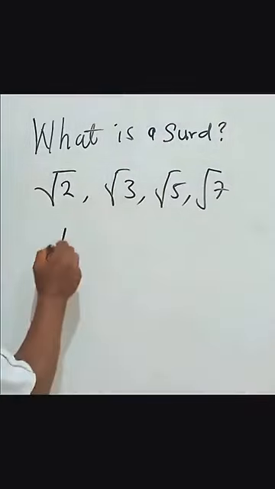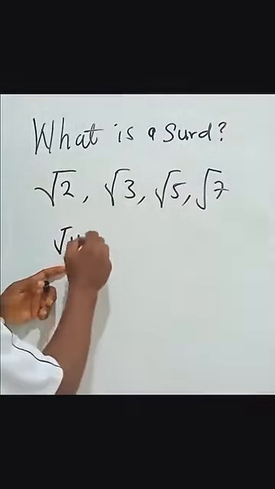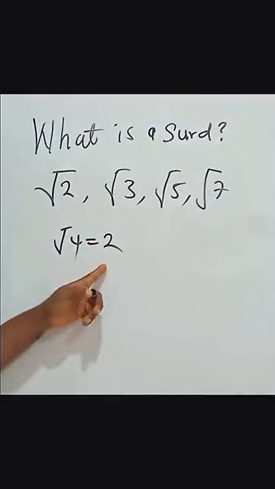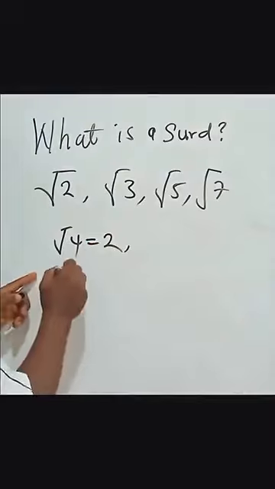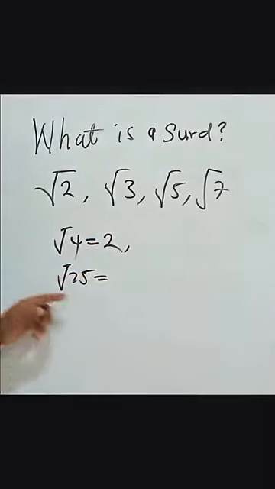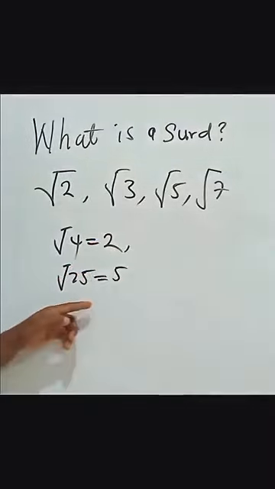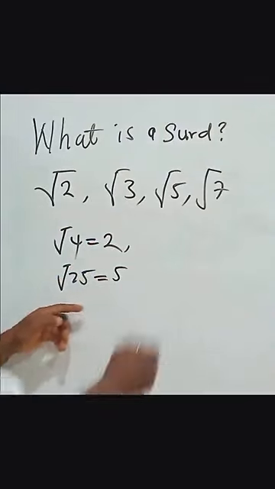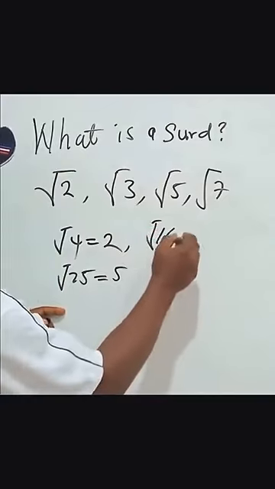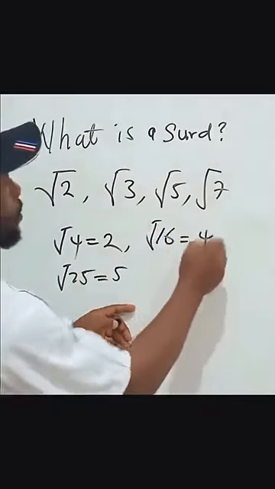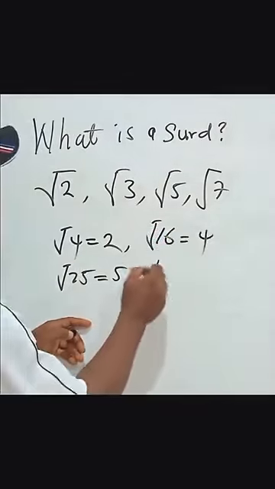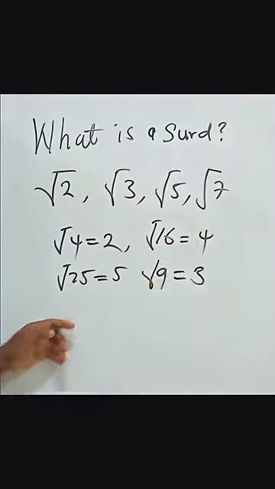But the square root of 4 can be expressed as 2. The square root of 25 can be expressed as 5. The square root of 16 can be expressed as 4. The square root of 9 can be expressed as 3.